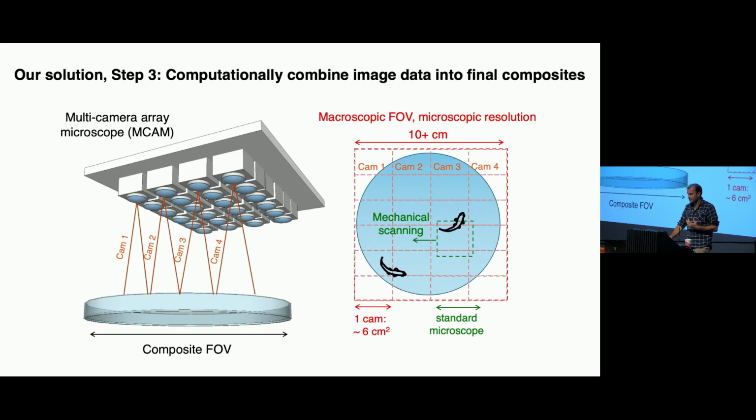In the standard configuration we started out with, we made the field of view of each of our little microscopes just abut or slightly overlap its neighbors, so that camera 1 would just see the top left corner of the scene, camera 2 the next adjacent area, et cetera. And then we would stitch all those images together to create large area, high resolution composites.